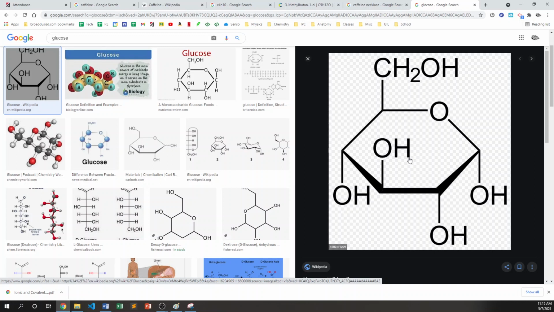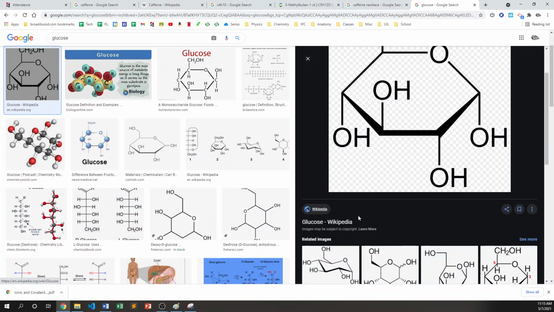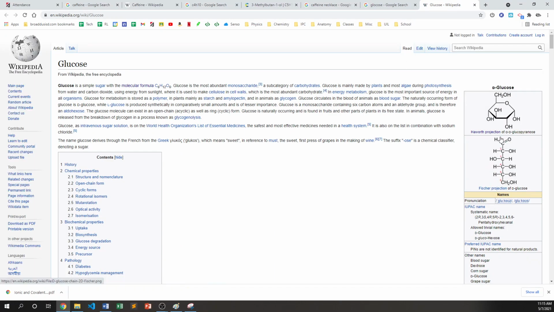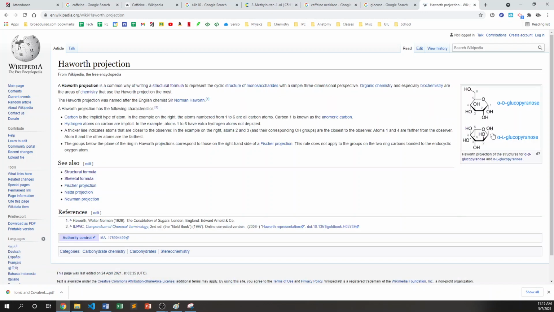So glucose has this weird shape. This is known as a, let's see if I can get the name. Yeah, that's the reason why. This is known as the Haworth projection. It's a way of doing the skeletal structures to make it look more 3D.